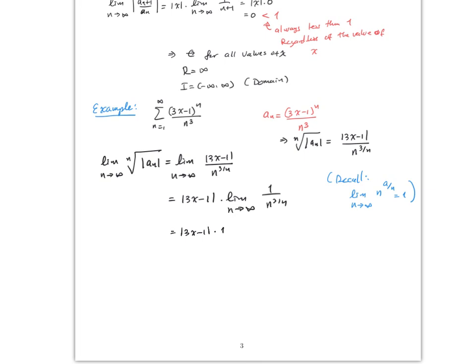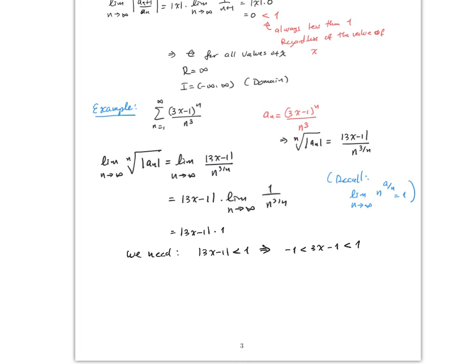Now, the ratio test also requires, not the ratio, the root test also requires that the limit be less than 1. So therefore, we need also the absolute value of 3x minus 1 to be less than 1. So that implies then that minus 1 is less than 3x, less than 1.